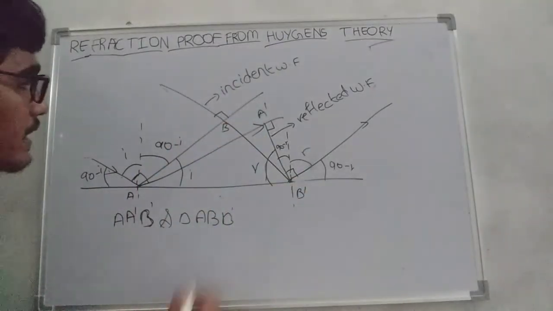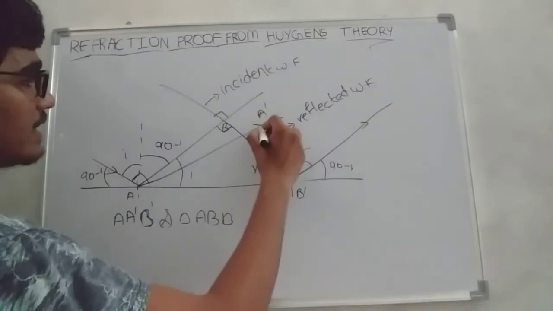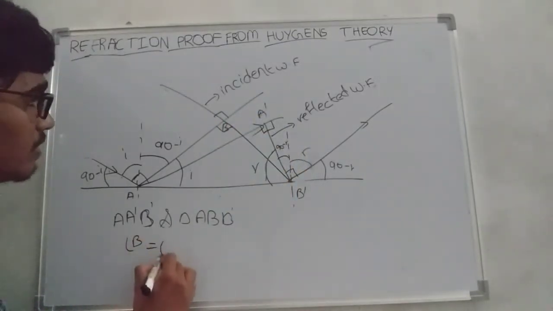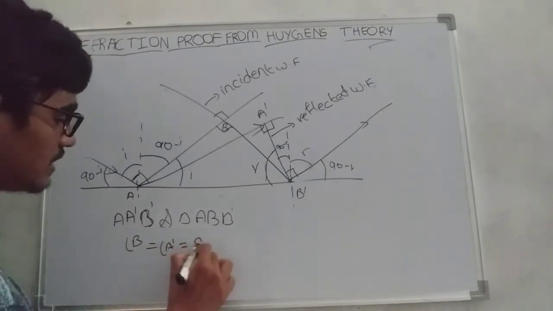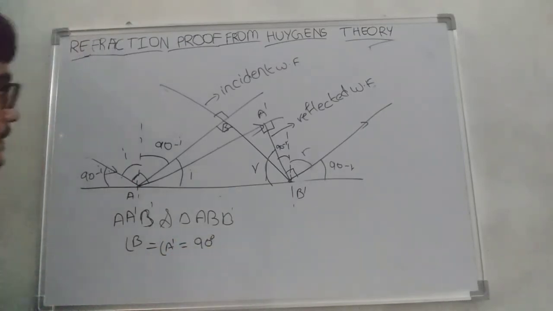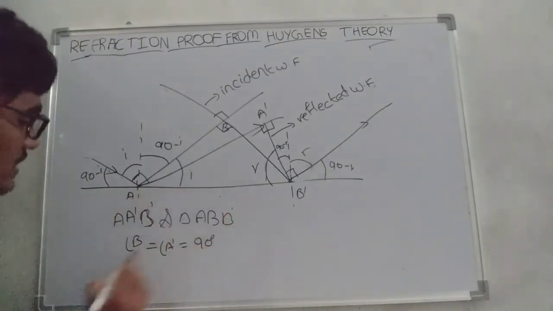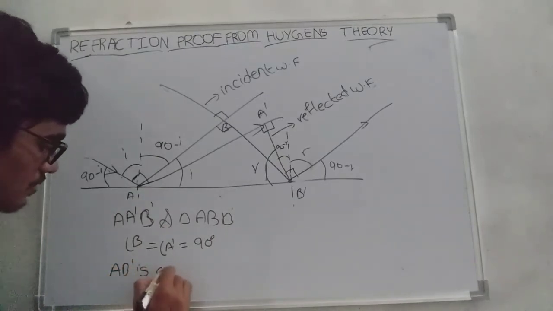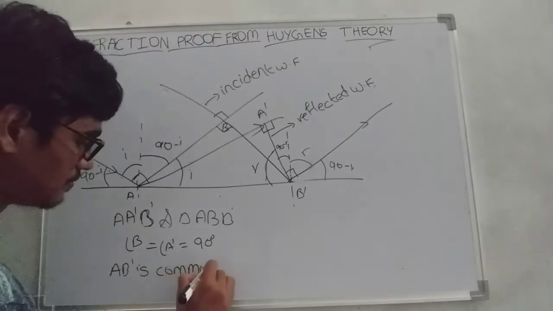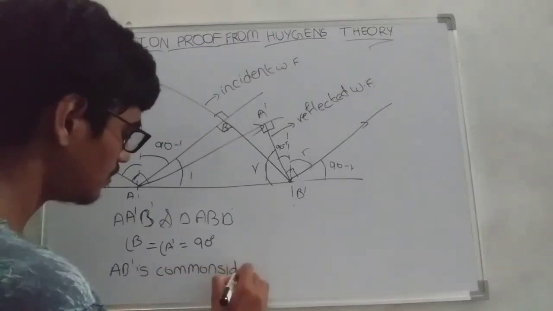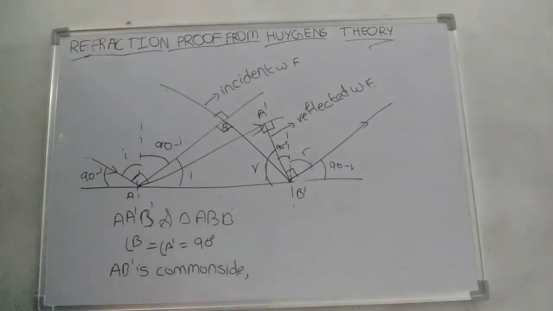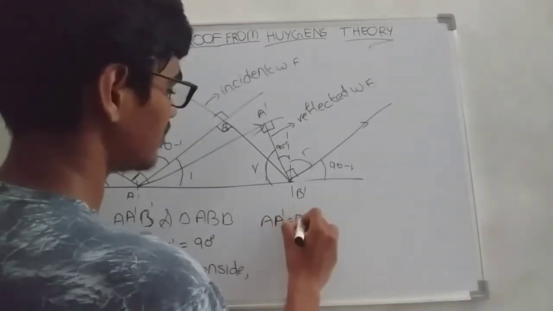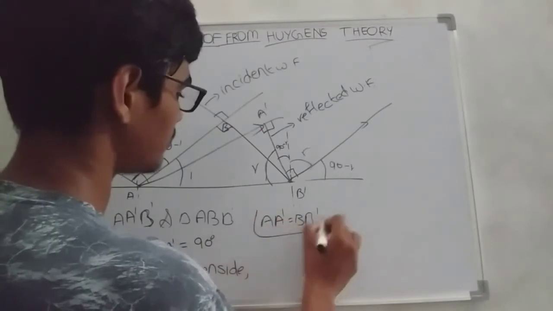In these two triangles, the angles at B and A dash are 90 degrees, and A B dash is the common side, and A dash is equal to B dash, as we proved before.